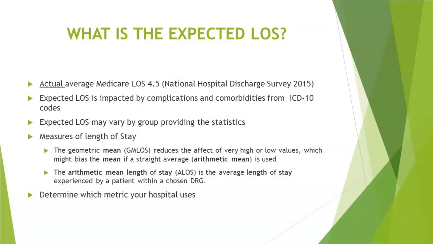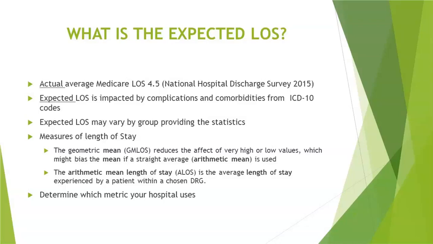Your expected length of stay can vary, and it can vary by the way in which it's measured, for example. So you need to know which metric your own hospital is using if you're looking at length of stay data. And there's two ways: the geometric mean, or GMLOS, which reduces or takes out the effect of the very high or very low lengths of stay, which might bias your mean or straight average when that is used.